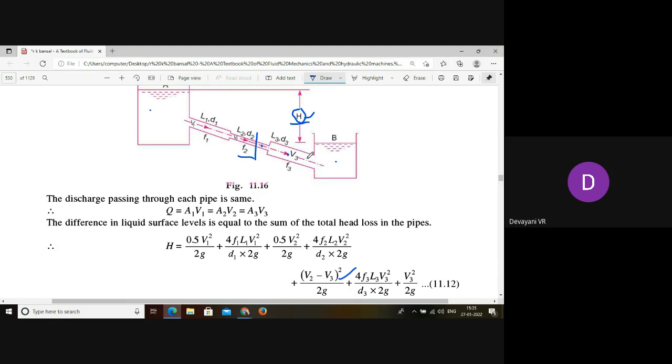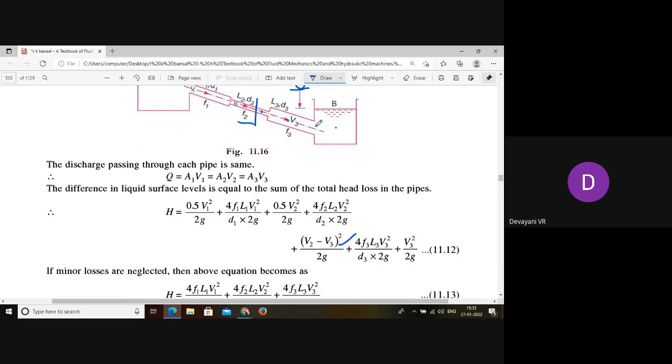Plus the pipe is again suddenly enlarged at the exit. So at the exit, the head loss will be V3 square by 2g.